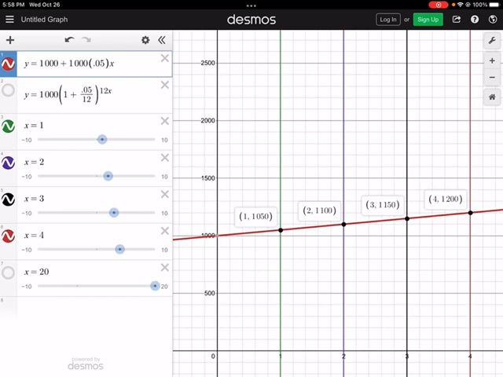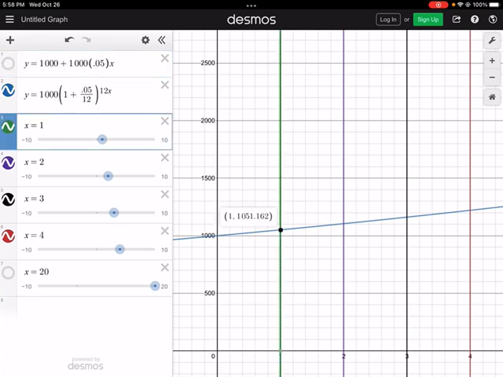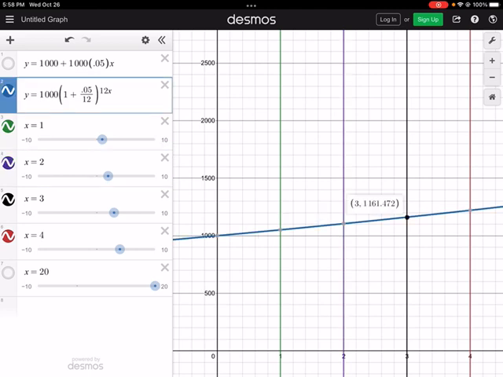Now, I'm going to take away that red line, and I'm going to add in this blue graph. And I should also see something very similar to the values that we've calculated. Obviously, Desmos doesn't understand that we're talking about money, so we can see that there's a third decimal place. But if we round our values, we should notice that they are the same.